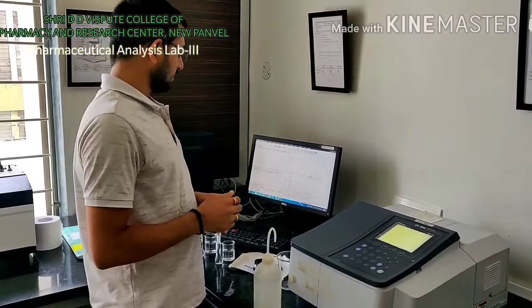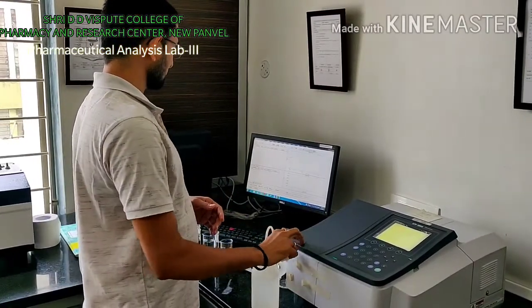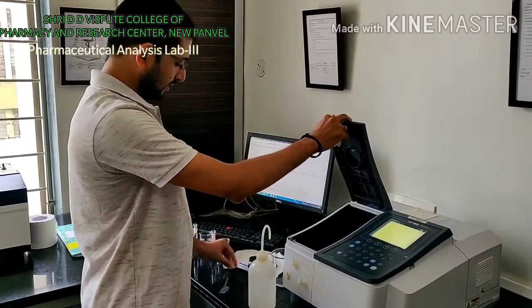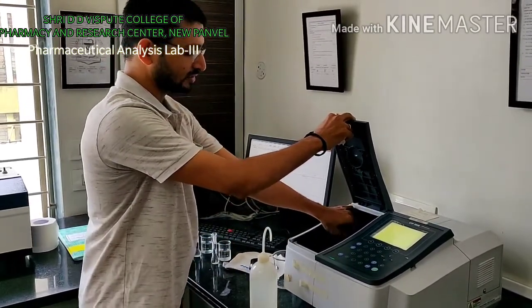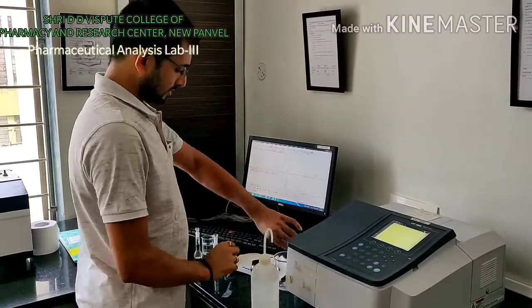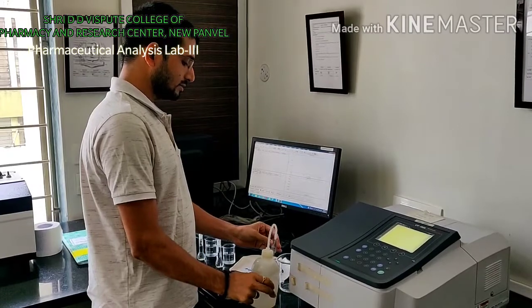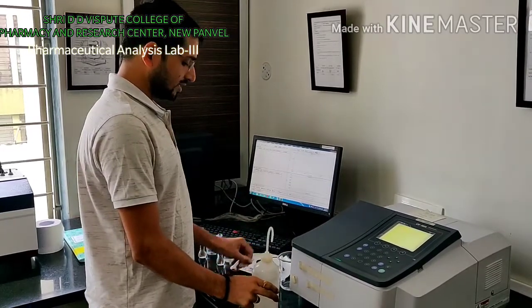After measuring the absorbance, remove both cuvettes, discard the sample solution as well as the reference, then clean both cuvettes with distilled water.